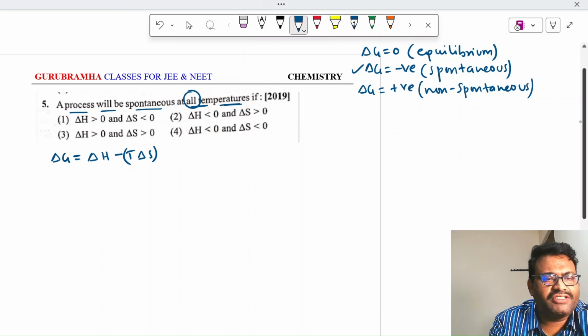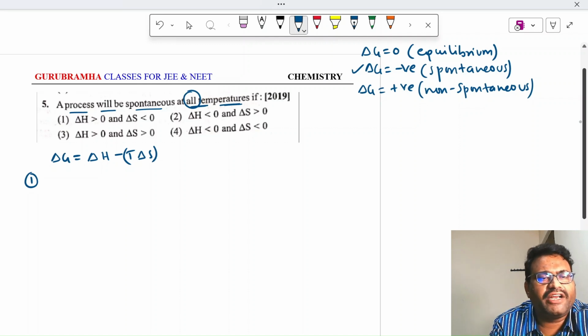So let us see the first condition. Delta H is greater than 0. Let us go with one example. I am taking delta H greater than 0, plus 5, and delta S less than 0.